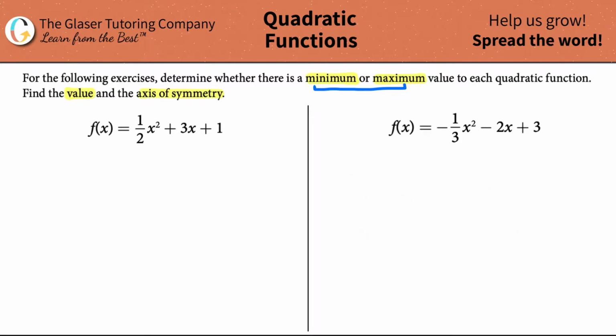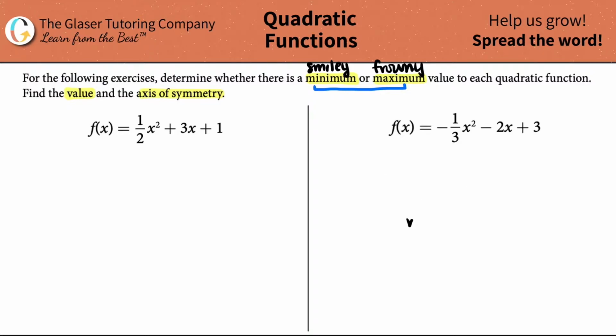If you have a minimum value, that means that you have to be smiling. There is a minimum here at the vertex. So the minimum is the smiley and the maximum is the frowny. If you frown, you have a max vertex.